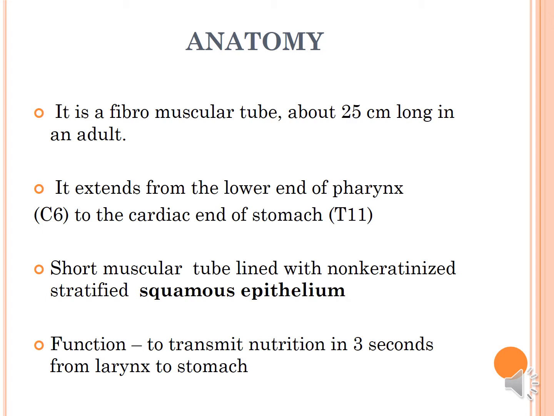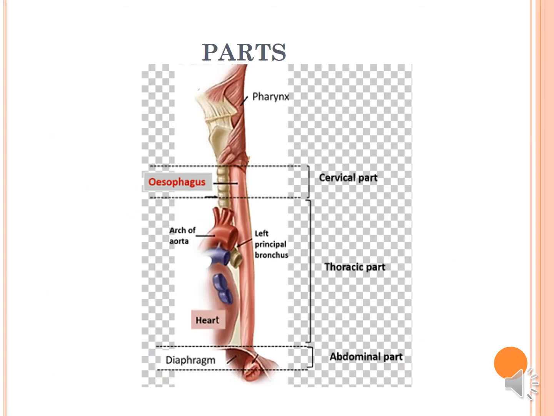It is a short muscular tube lined with non-keratinized stratified squamous epithelium, and it mainly helps to transmit the nutrition in 3 seconds from the larynx to the stomach. The esophagus is mainly divided into the cervical part, the thoracic part, as well as the abdominal part.